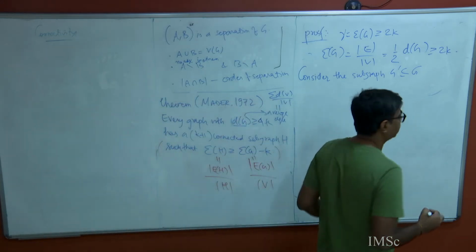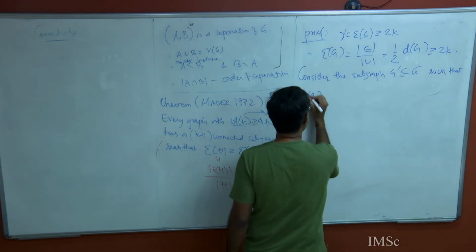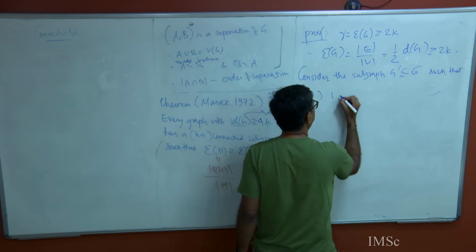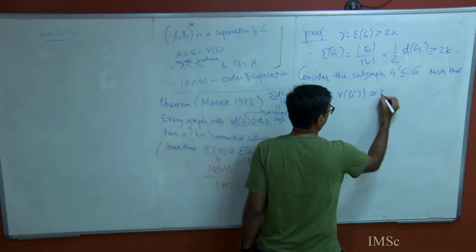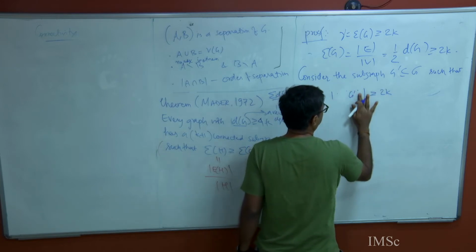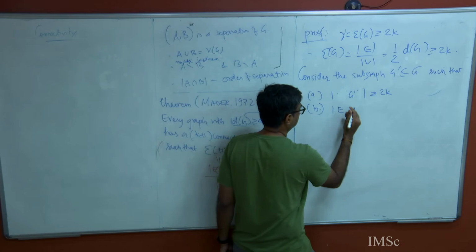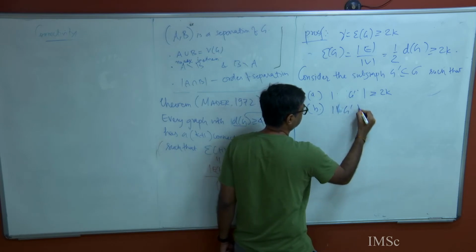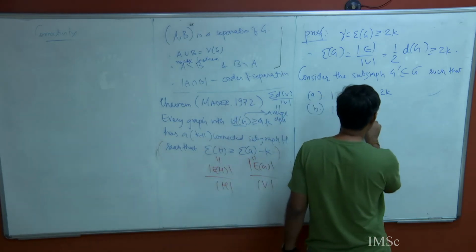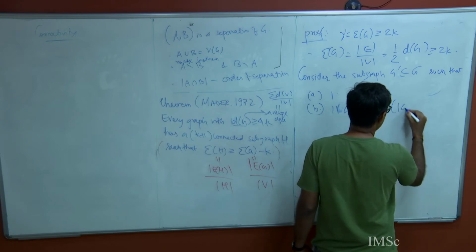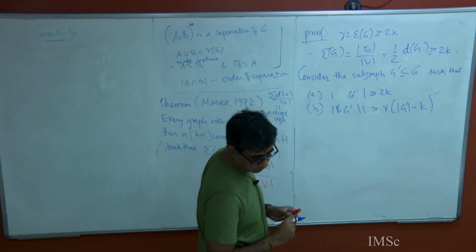Consider the subgraph G prime subset of G such that some properties are satisfied: A, the number of vertices is at least 2k, and B, the number of edges in G prime is strictly greater than some bound.